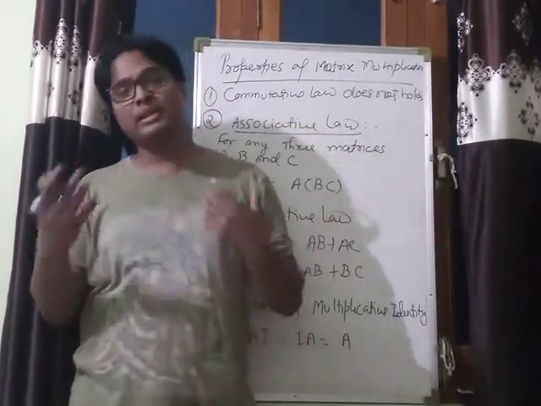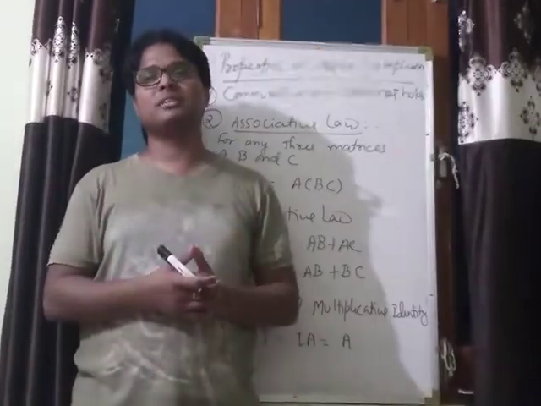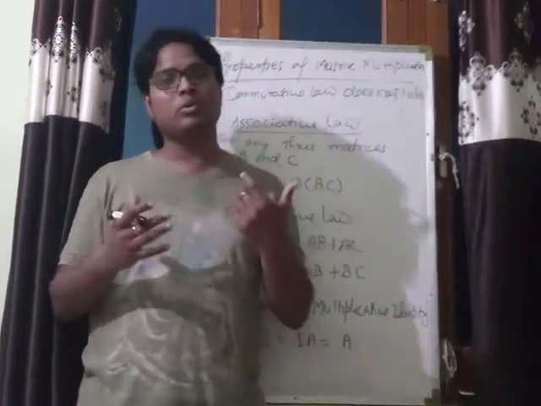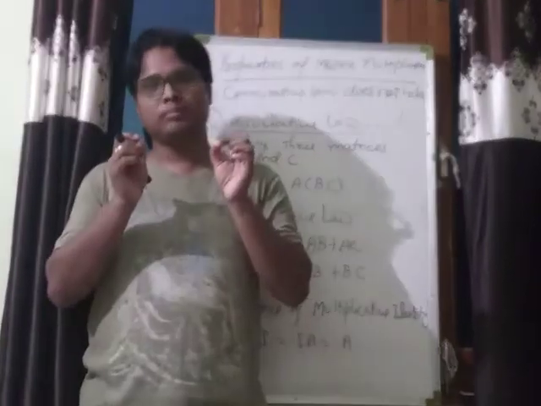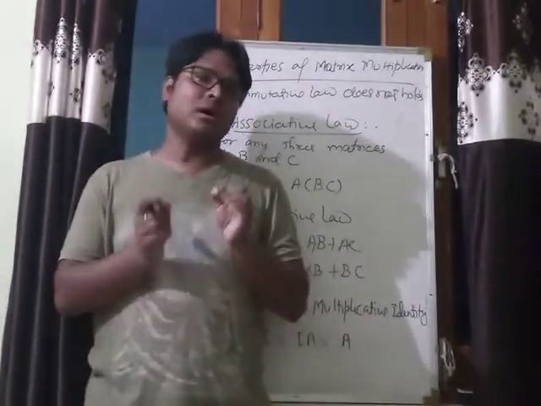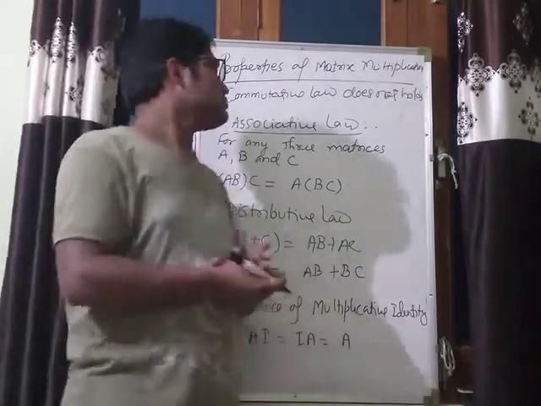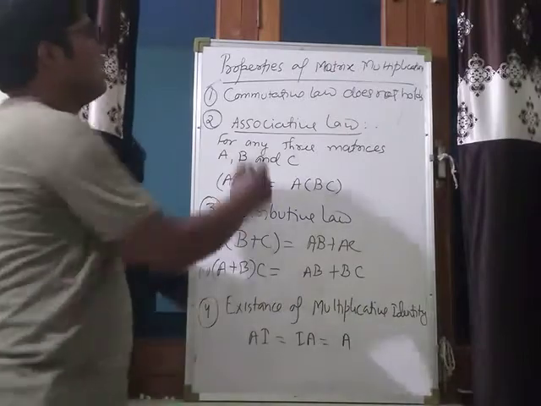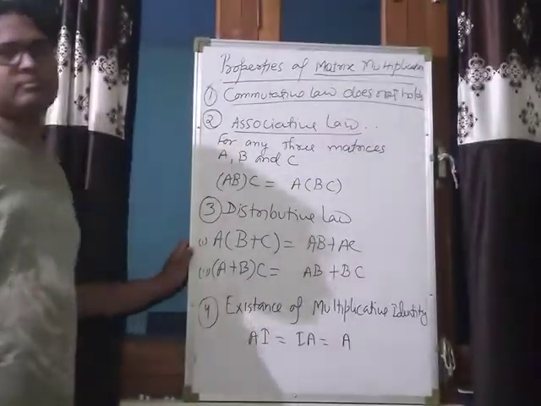AB, BA both exist, both have the same order, but their corresponding entries are not the same. The commutative law of matrix multiplication holds only when both matrices are diagonal matrices. Okay. Now, clearly, in the first case, generally the commutative law does not hold in matrix multiplication.